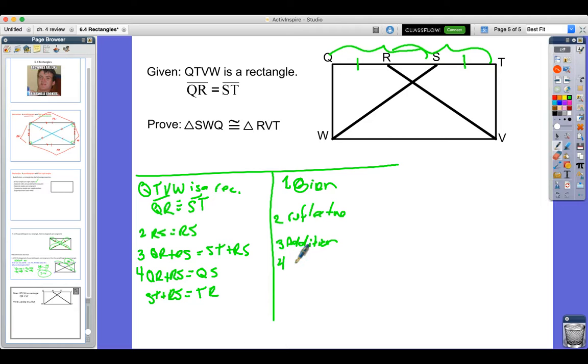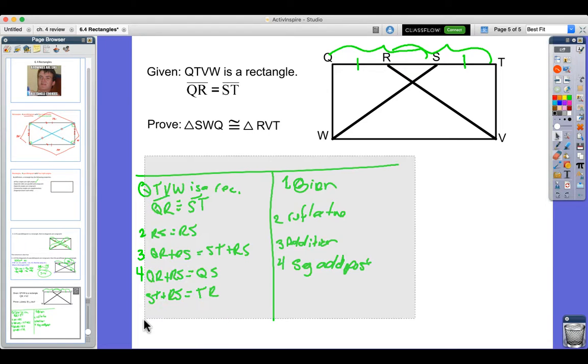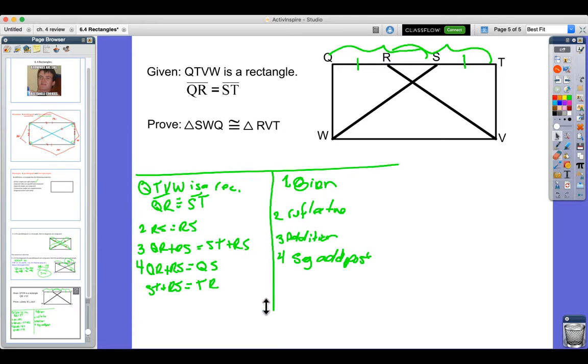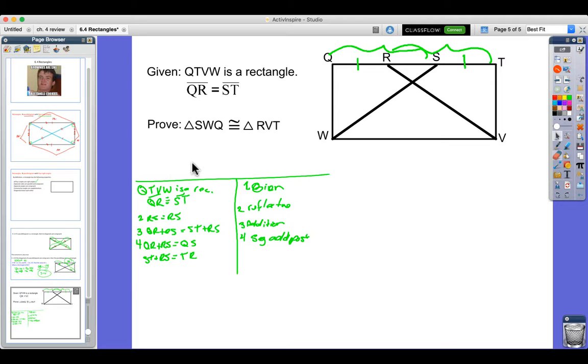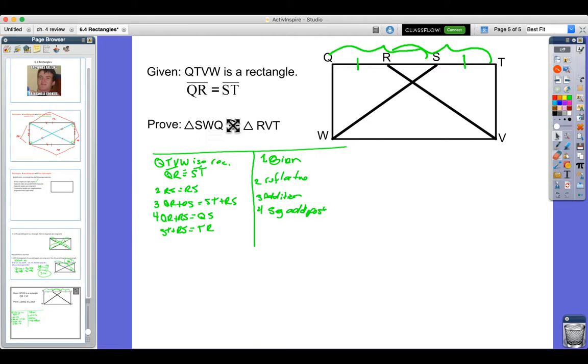That is what we call the segment addition postulate. I'm going to go ahead and shrink this a little bit because I'm running out of space, and then move it up some. There we go. All right, so now we have a whole side.